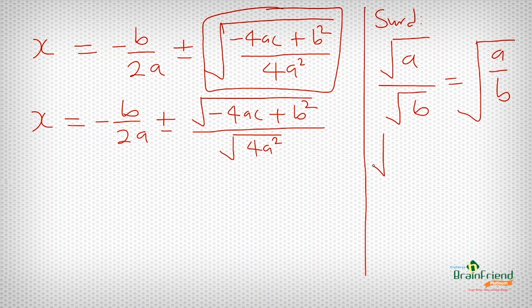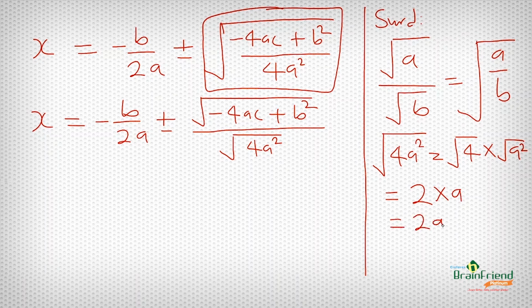Also, we know that from SOD, square root of 4a squared is the same thing as square root of 4 times square root of a squared. Of course, you now know that we would have square root of 4 to be 2, and then square root of a squared will be a. So we now have 2a.